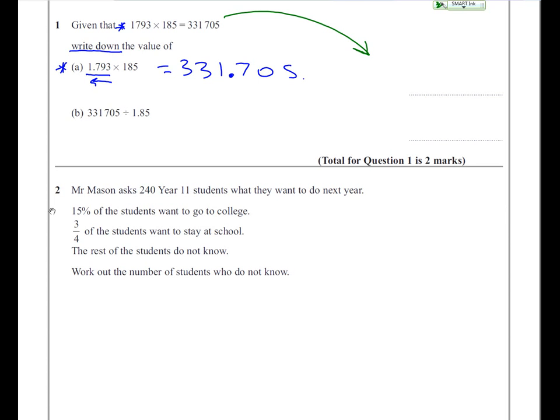The next one is more difficult because what you've got is a division. Now what you have to do is change this original one to division so that we can work out our answer. If you rearrange this and divide both sides by 185, you get that 331,705 divided by 185 equals 1793.